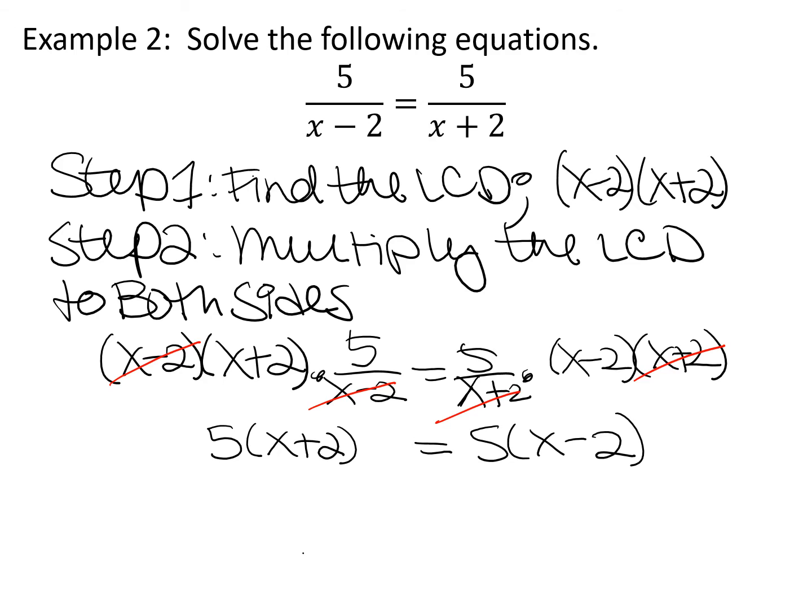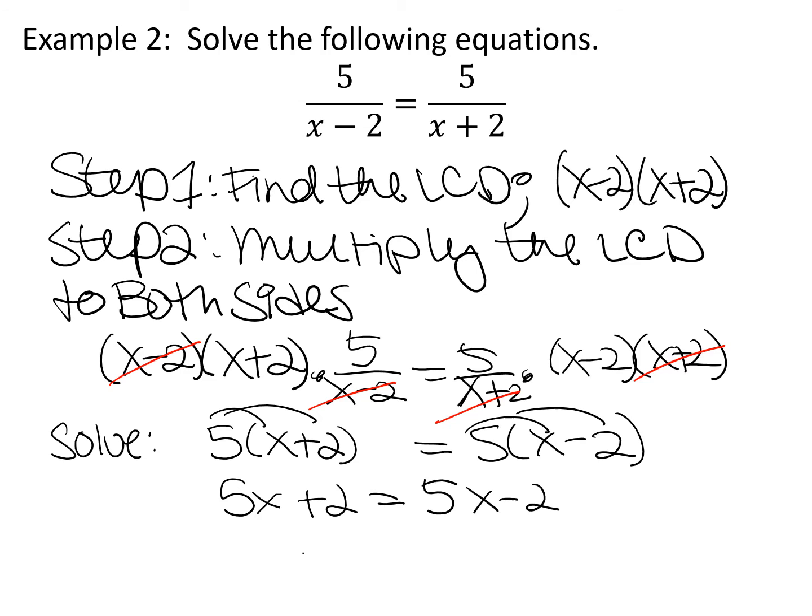Okay, and then we want to solve. And so I distribute. I get 5x plus 2 equals 5x minus 2. But again, I end up with those equations. See how the 5x and the 5x are the same, but the 2 and the negative 2 are not the same? When I subtract that 5x on both sides, I'm getting a statement. 2 equals negative 2.